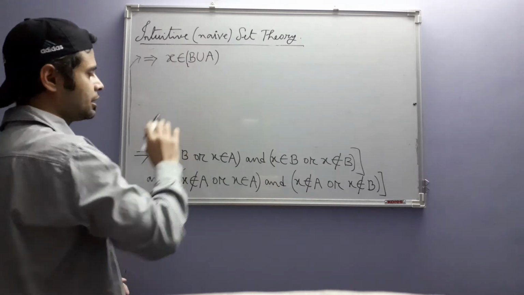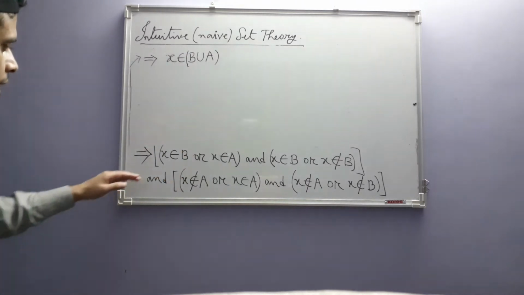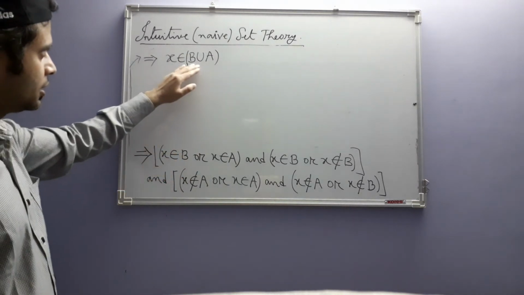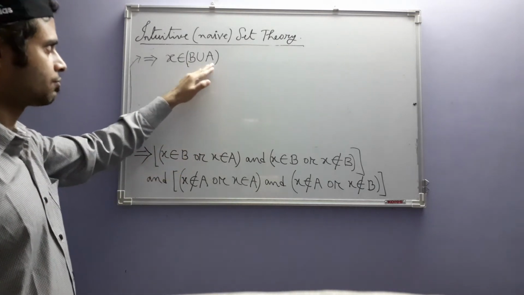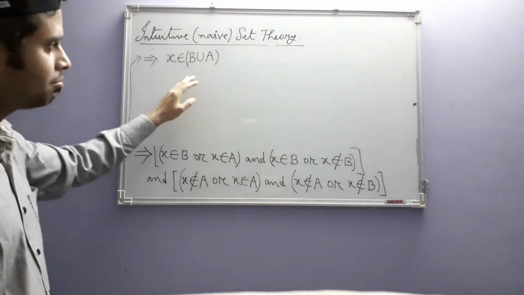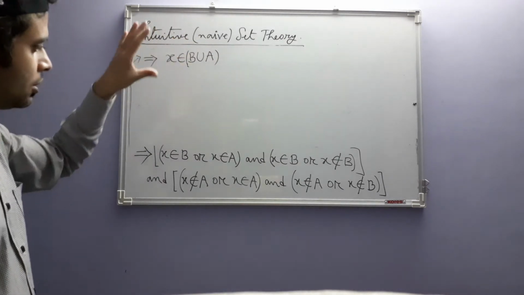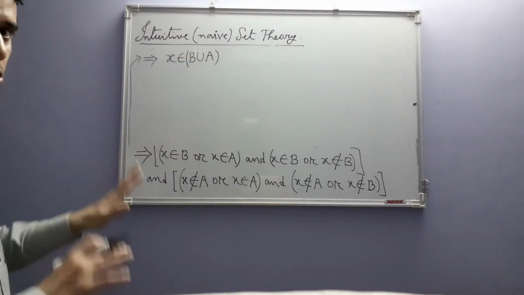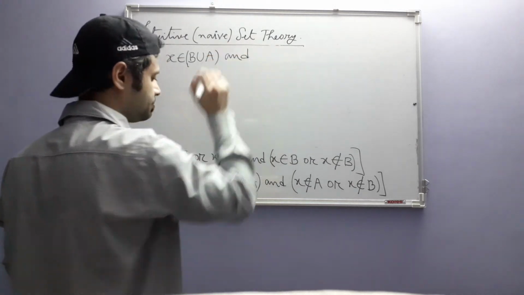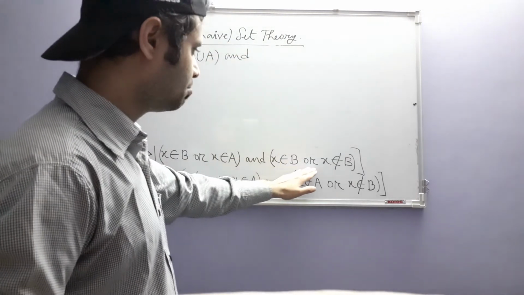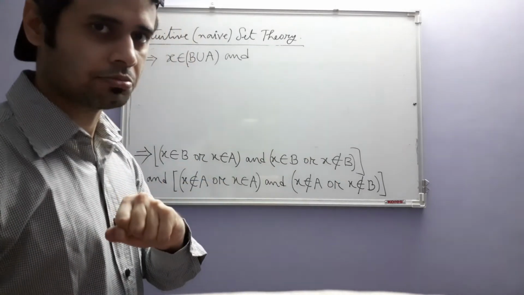Later we can be somewhat sketchy and slack, but right now let's just keep the orders intact. We first write B and then A. Of course, this is nothing but A union B, but we choose to keep everything in track properly. Okay, and X belongs to B or X does not belong to B.